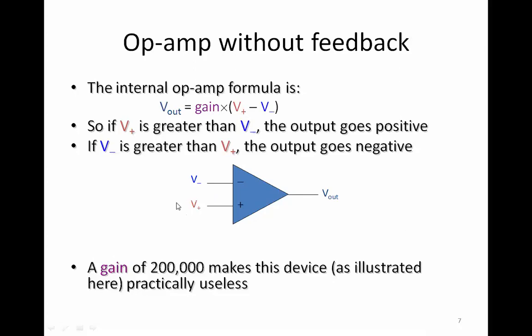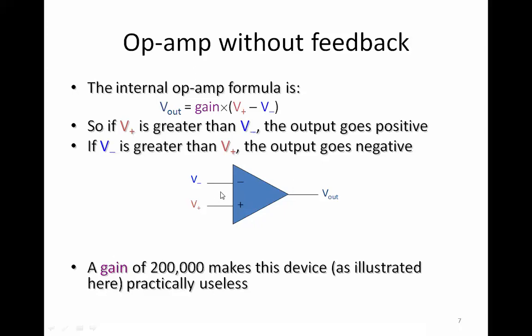Non-inverting. Good. And minus is referring to inverting. The difference between these two tells us that this is actually a differential amplifier, and the output is gain times the difference.